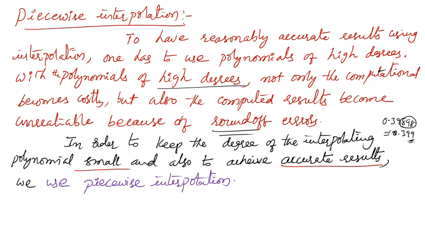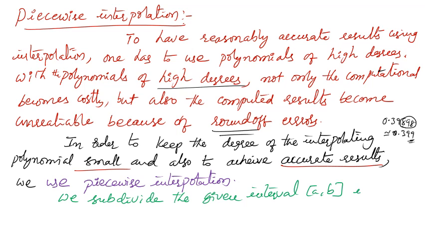Here, what we do is subdivide the given interval. In piecewise interpolation, we subdivide the given interval AB into a number of subintervals.